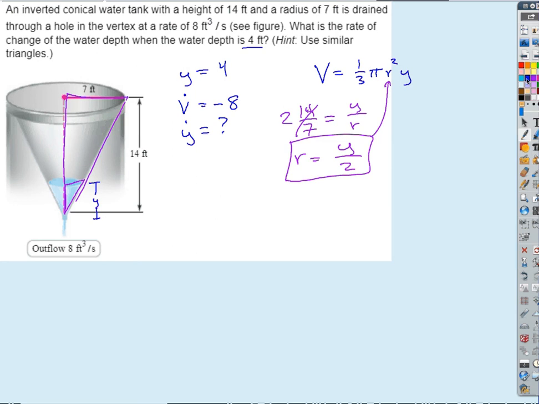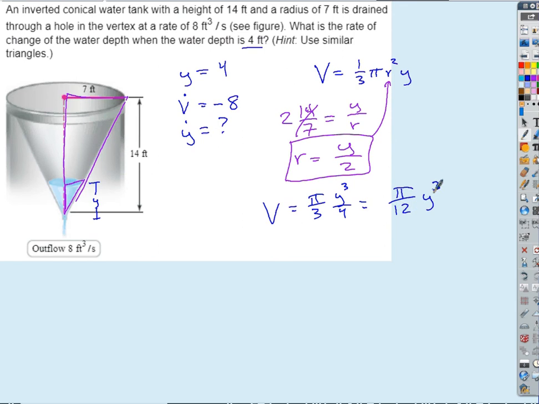It makes this problem a lot easier, right? So we get V equals pi thirds times (y over 2) squared. Wouldn't that just be y squared over 4 times y, which is y cubed over 4, so we end up with pi 12ths y cubed.